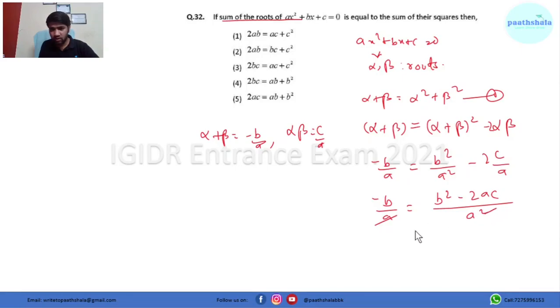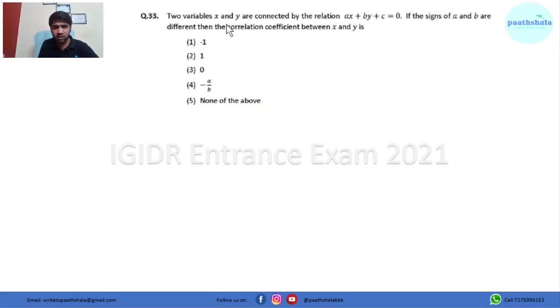The a gets eliminated, and finally this comes out to be ab equals b square minus 2ac. So 2ac equals b square plus ab. Here we have the option 2ac equals ab plus b square. Option 5 is the right option. Okay, let's move to the next question.